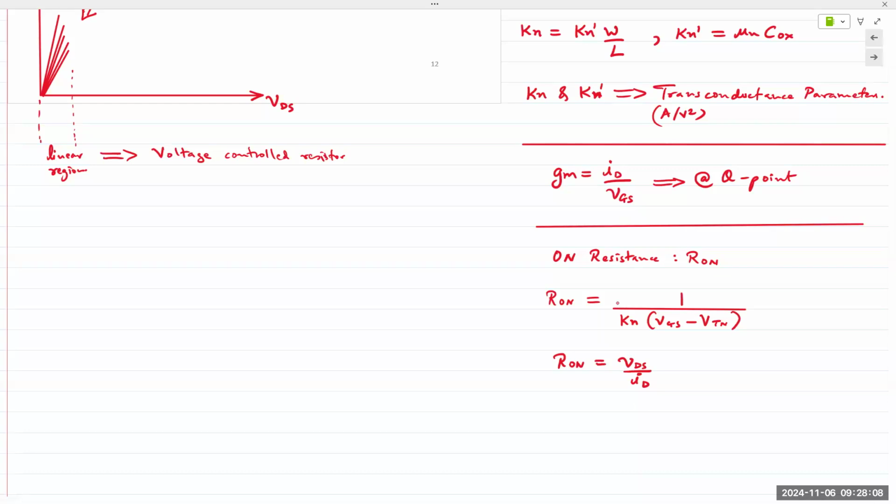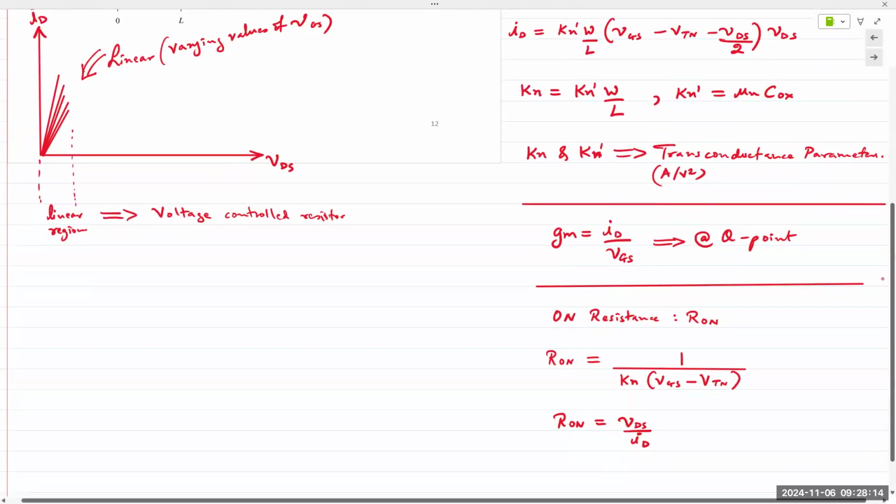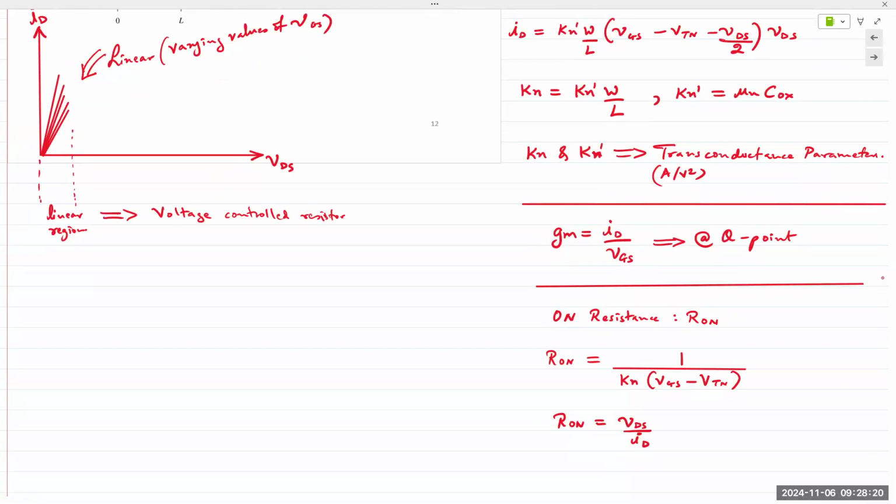All right. So we applied gate voltage, we created a channel, then we applied a drain voltage so that the electrons can flow from one terminal through the channel to the other terminal. But then what happens if you keep increasing the drain source voltage?